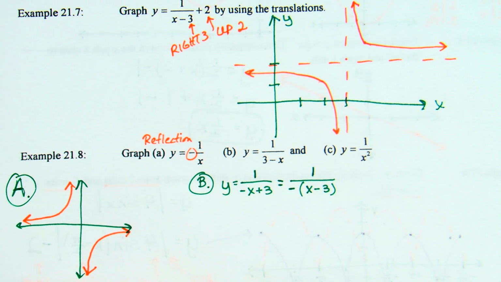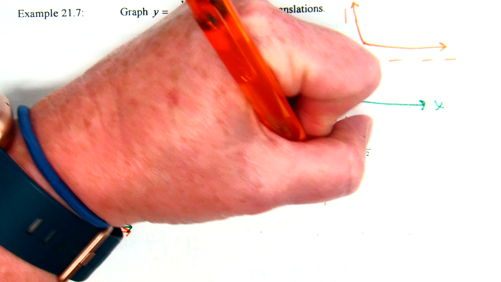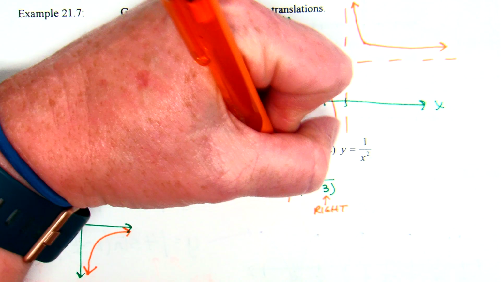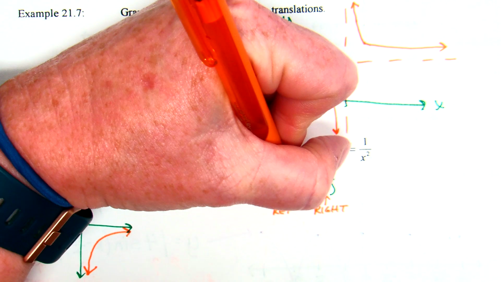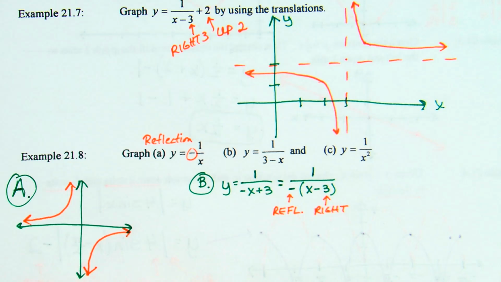What I would rather do first is do my reflection first and then move it right 3, as opposed to moving it left or right first. In that case, it'd have to be left. And then when you reflect it, you'd reflect the whole asymptote over the x-axis. Over the y-axis. I don't know if I'm making sense there or not, but I always have to pause and think on these, I'll be honest. It's just as easy for me to get confused as you guys.